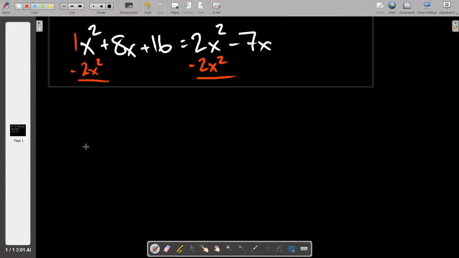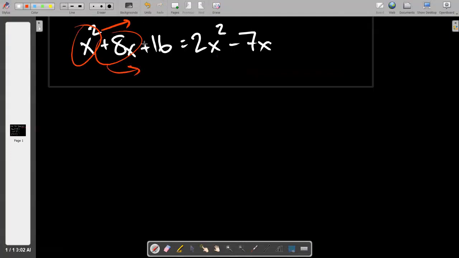I just rather, like, why put myself through it? So when I talk about should I move everything to the left or to the right, I'm asking you that question in the context of where will the x squared not go negative? Having said that, I'm saying x squared, head east. 8x, head east. 16, head east. You're all going that way just because I want x squared to stay positive.